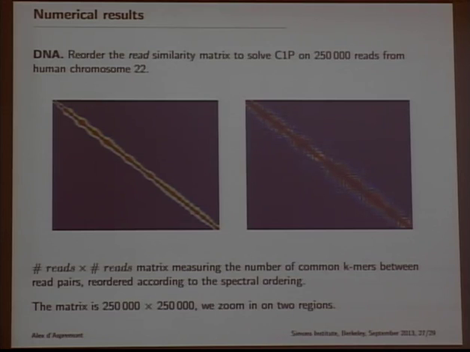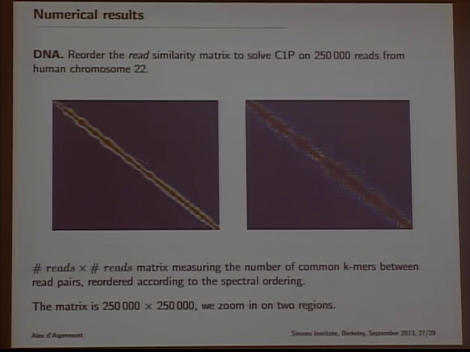And so how does it work? You don't know the correct order, of course, but you know when you got it right when you look at the overlap matrix. That should be an R matrix, so it should have the R property. And so this is basically a plot of the overlap matrix corresponding to the spectral solution on this chromosome 22 data.